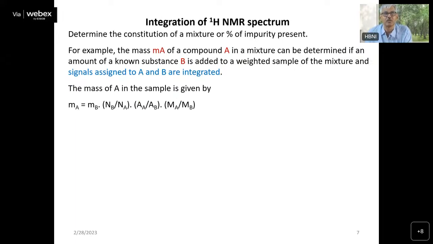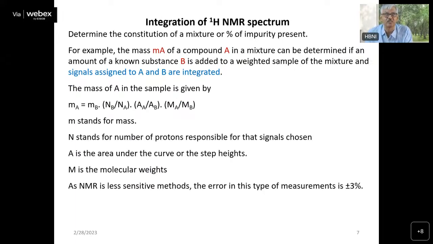This is the equation. The mass of A in the sample is given by Ma equal to Mb, the mass of B, which we know how much has been taken, and Nb is the number of protons in the signal we are considering for integration.